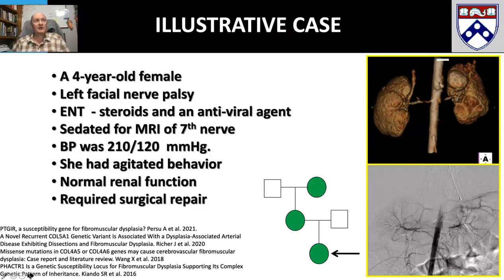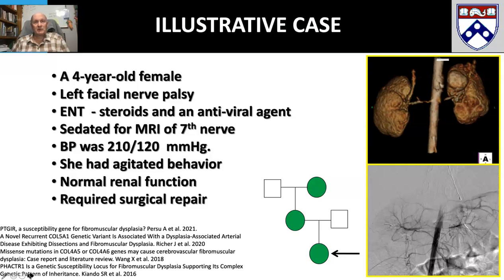And her blood pressure was elevated to 210/120 millimeters of mercury. She had agitated behavior but normal renal function. And as you can see in the right-hand panels, she had a very tight, long stenosis, which was not amenable to balloon dilatation, and she has required surgical repair. She's also had surgical repair to other intra-abdominal arteries.